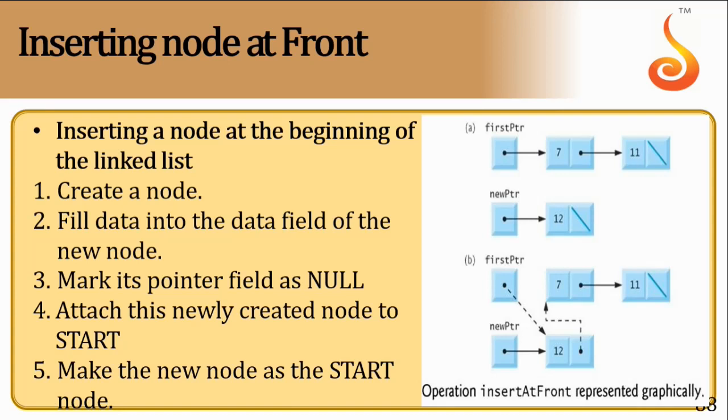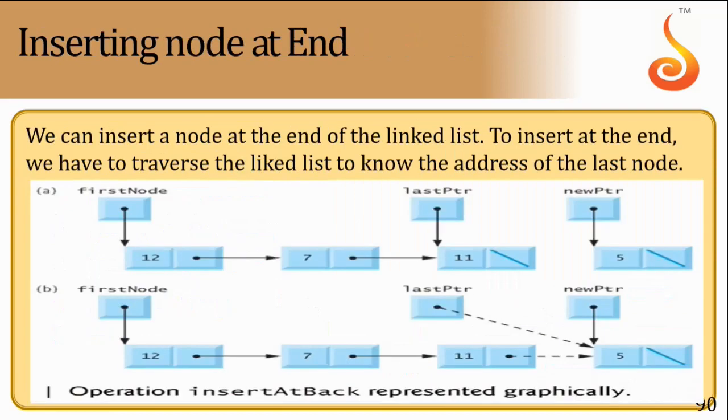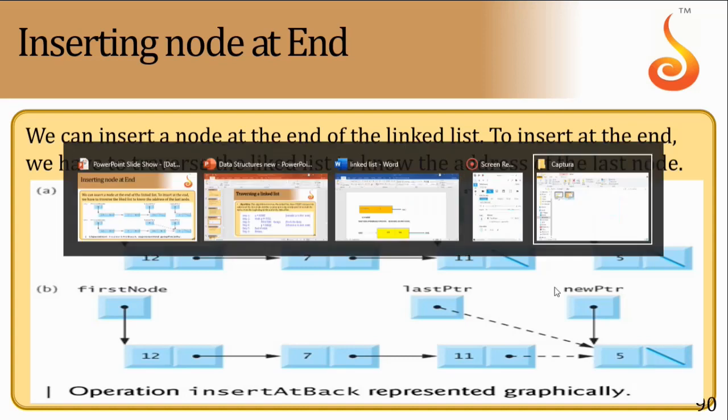See, it needs to point here and this one should point to this. Then it will get attached. So how do I do that? We will see. Before that, I will do the one at the end first, as it is easy. We will do the end and then I will show you how to do it at the beginning. Getting it? So we'll start with how to do it at the end.